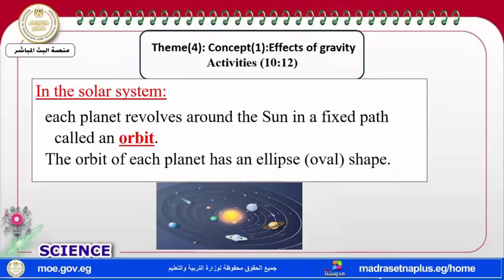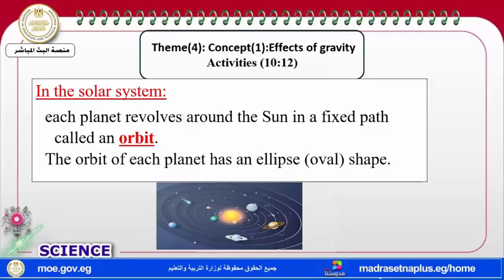It represents the sun. And there are 8 planets. These planets and the moon and other celestial bodies revolve around the sun. That's called the solar system. So this picture represents the solar system.